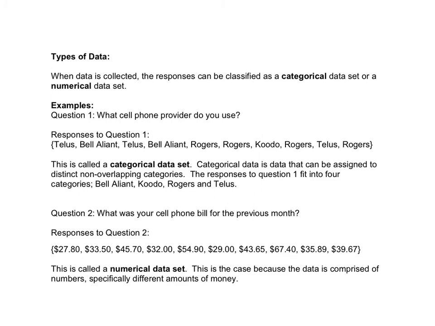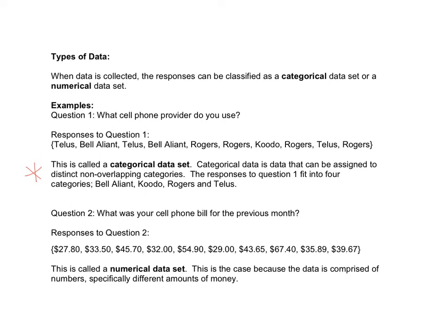And these are the answers that people gave. TELUS, Bell Alliant, TELUS, Bell Alliant, Rogers, Koodo, Rogers, TELUS, and Rogers. This is called a categorical data set. Categorical data is data that can be assigned to distinct, non-overlapping categories. The responses to question 1 fit into 4 categories: Bell Alliant, Koodo, Rogers, and TELUS.